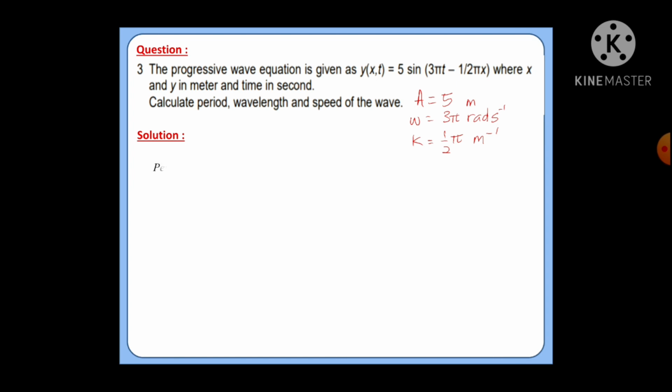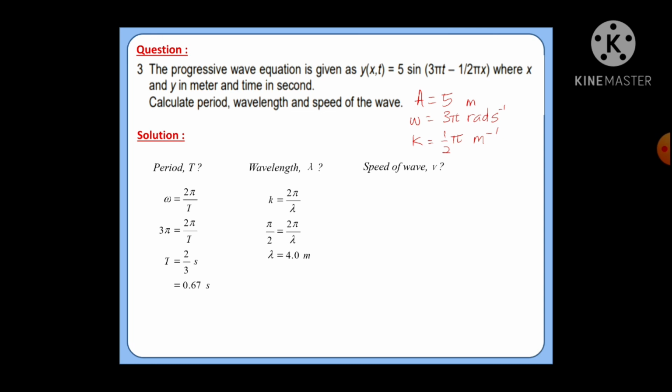Now to calculate the period, we use the relationship between the period and the angular frequency. We substitute the angular frequency, which is 3 pi, and you get the period 0.67 second. For the wavelength, we use the wave number equation and substitute the wave number, so you will get the wavelength of the wave, which is 4 meter. The last one, we need to calculate the speed of the wave.